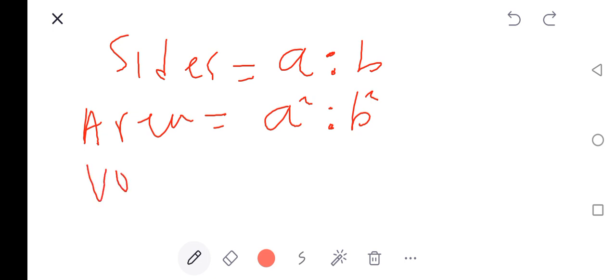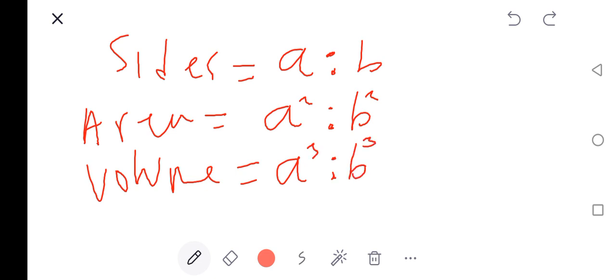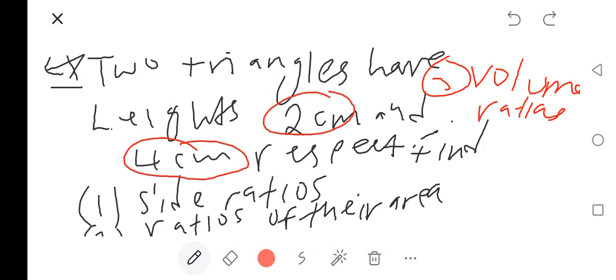When you're finding volume, we use A to the 3, B to the 3. I don't know if you're getting it. Now, the question says, find the ratios of their area.